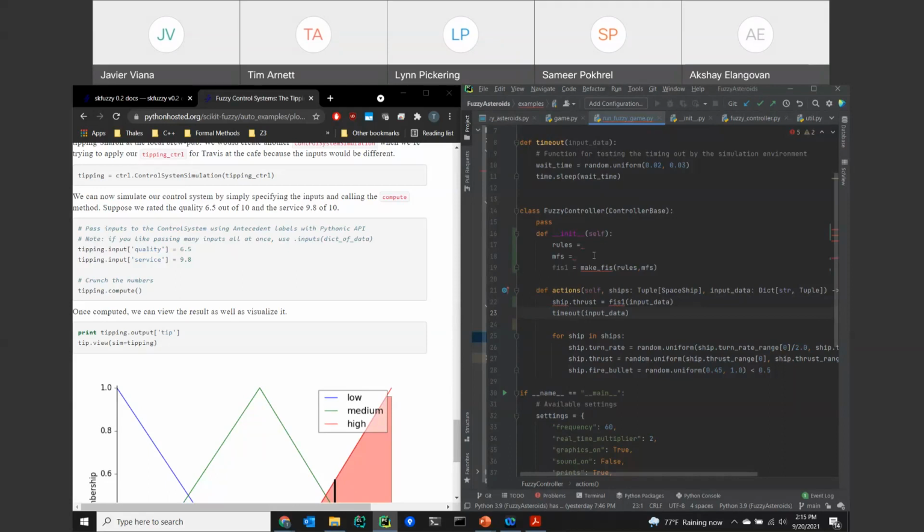And then you can have one or more FISs that combine that information and give you an output to your thrust based on that. You could do that for firing bullets. You could do it for turn rate. It doesn't need to be one single thing. In fact, eventually you'll have FISs and other things controlling all of the ship's behavior.